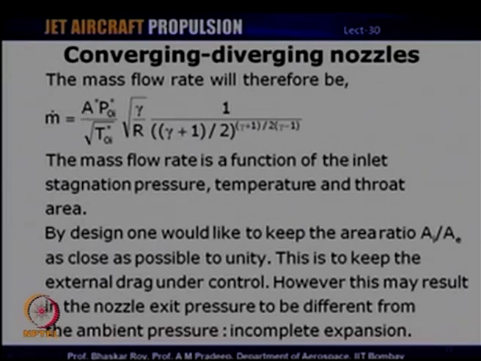Now, another aspect concerning the designer is that he would like to always try to keep the area ratio, that is A_I by A_E, as close as possible to unity, because if the exit area is very large, it has other implications. It might lead to high levels of external drag, because obviously the entire nozzle and the engine is housed in a casing, in a nacelle.